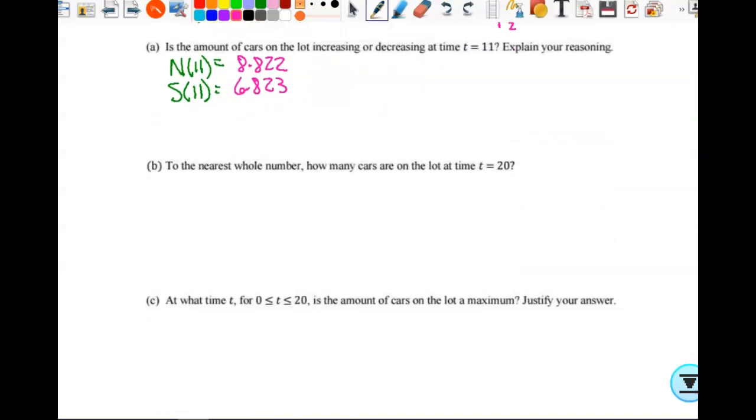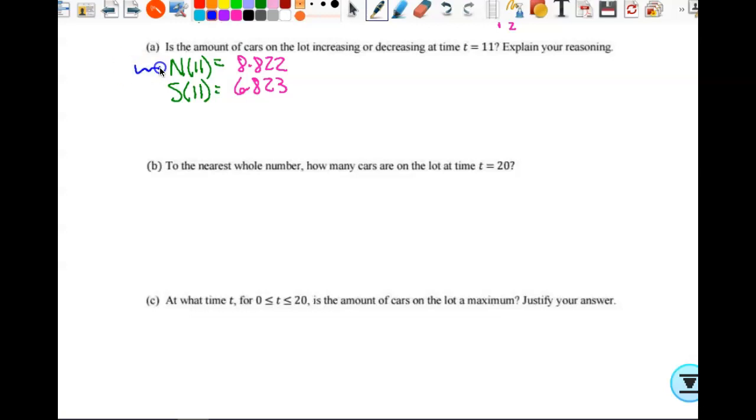Okay. All right, so is the amount of cars on the lot increasing or decreasing at time t equals 11? What do you think? Is the amount of cars increasing or decreasing? Why? Exactly.